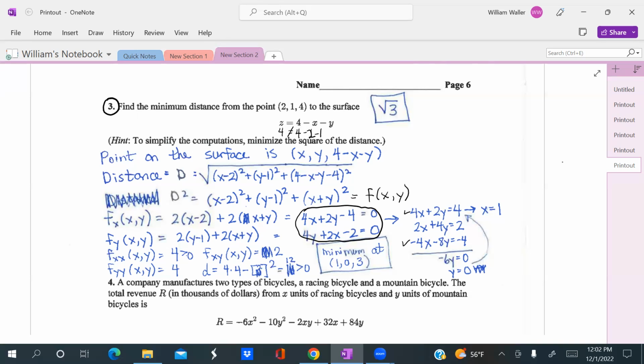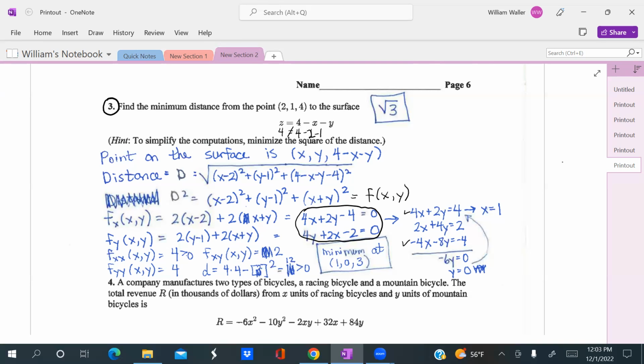So you end up getting 4x minus 4x is 0, so no x's, 2y minus 8y is minus 6y, and then 4 minus 4 is also 0.